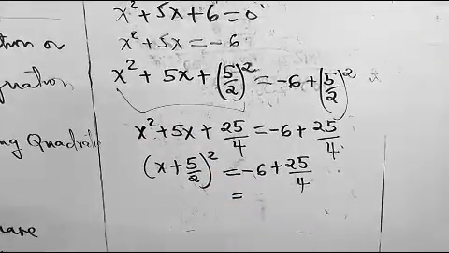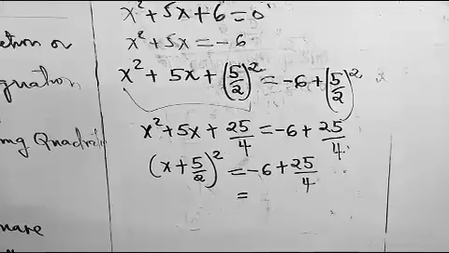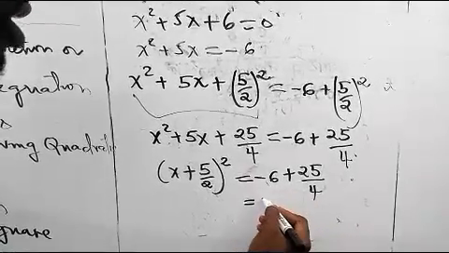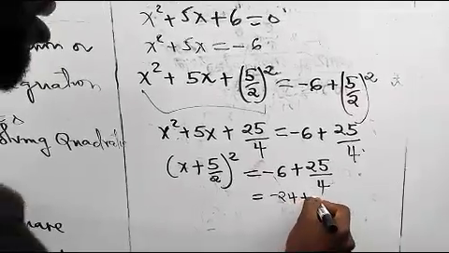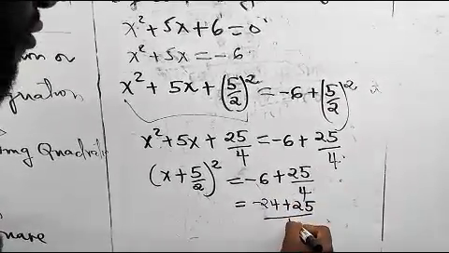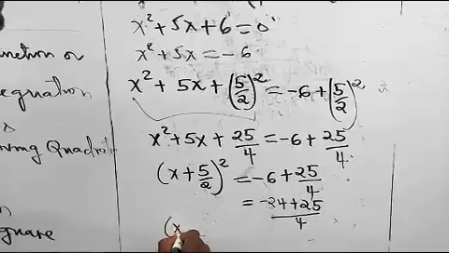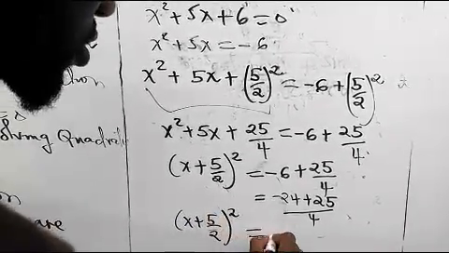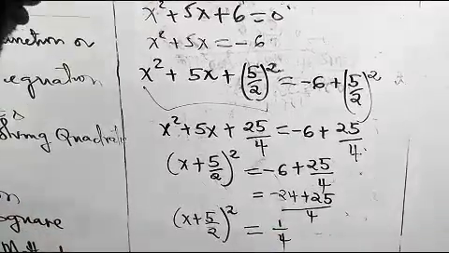Simplifying the terms on the right hand side, we are simply going to look for our LCM, which is 4. So we are simply going to have 4 times 6 will give us minus 24, plus 25, on 4. So we simply have x plus 5 on 2 all squared equals 1 on 4.